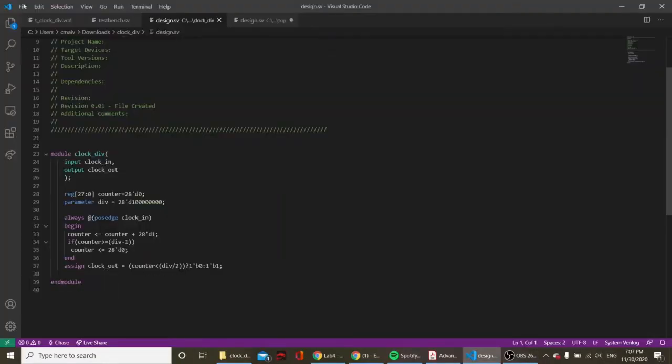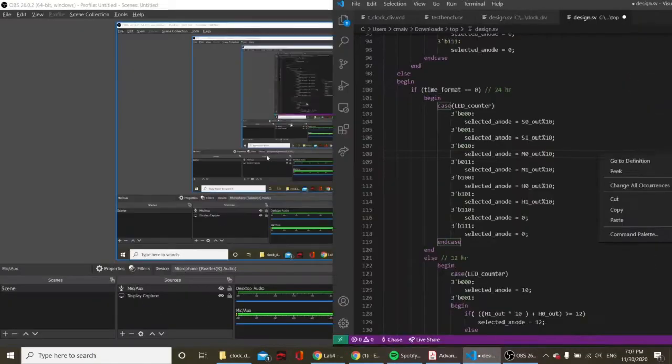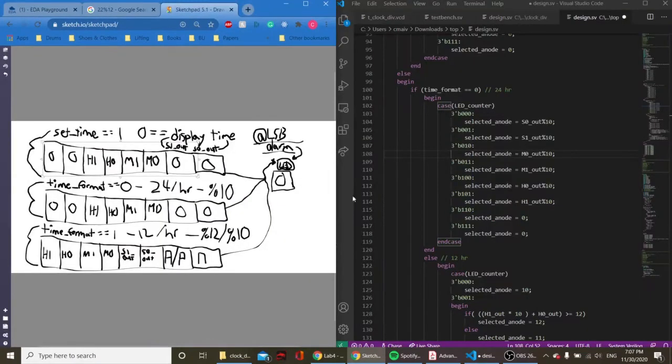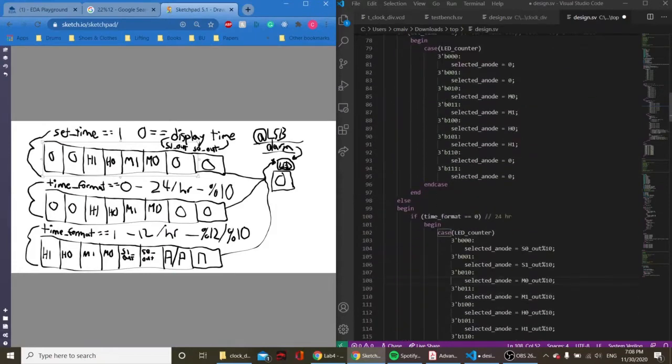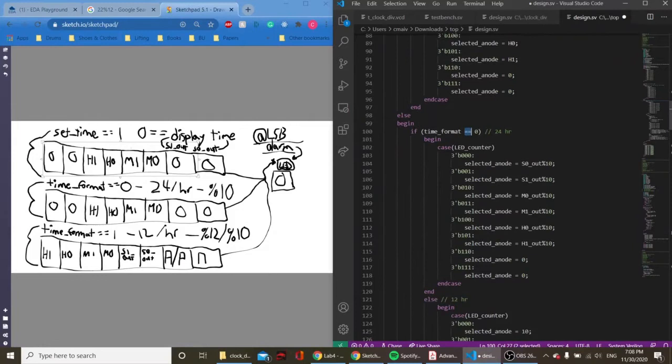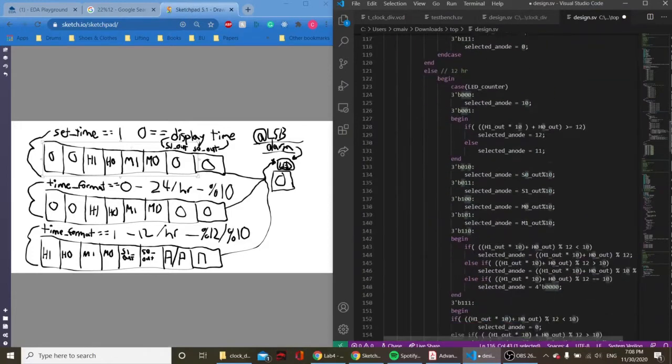Okay, so the first part of this, in this design, if we have time format being 0, that's when we're doing the 24-hour mode. And we're just using mod 10 because each of these are 4-bit registers. And these zeros are why that's there.